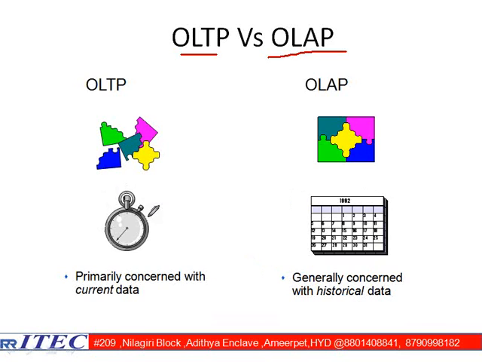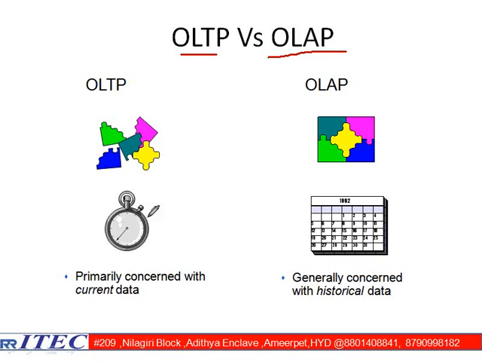If I want to understand, let us say on February 15th, what was the day? Whether it's a Monday, Tuesday or Wednesday, or something extra you want to know. Was it a holiday or a working day?